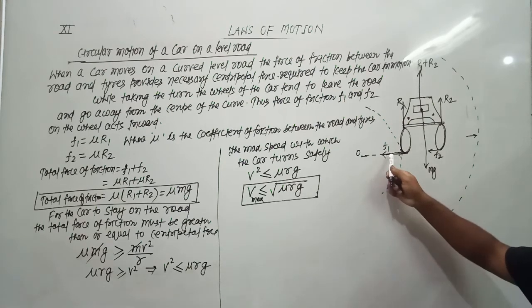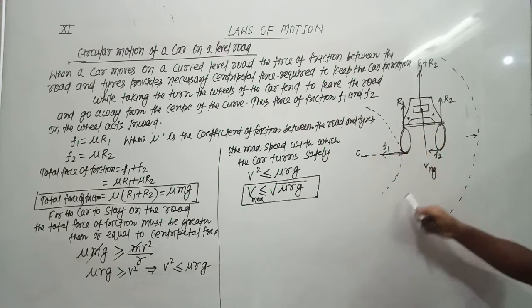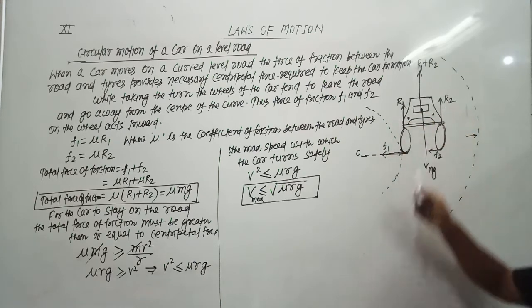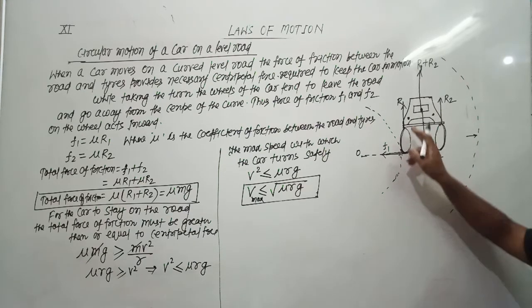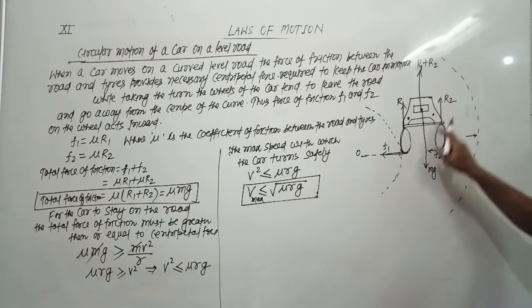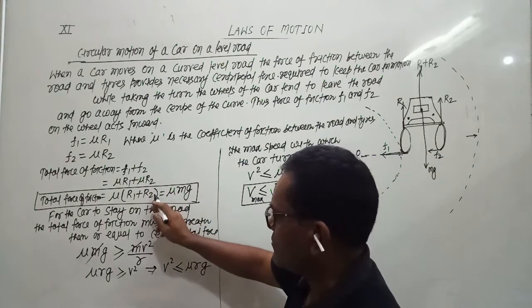So F1, the force of friction, is given by mu into R1. R1 is the normal reaction acting on this wheel, and R2 is the normal reaction acting on the other wheel. So F1 equals mu R1 and F2 equals mu R2. The total force of friction is found by adding F1 and F2: F1 plus F2 equals mu R1 plus mu R2.